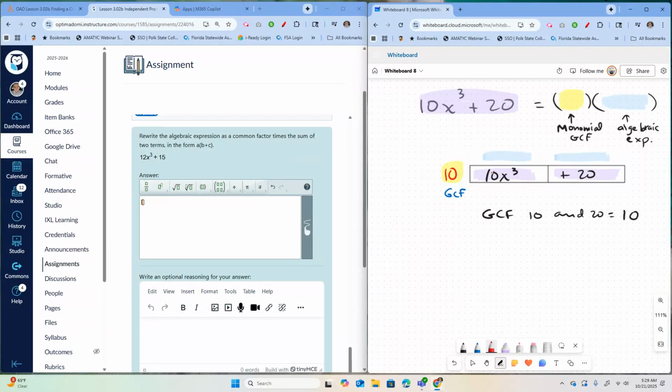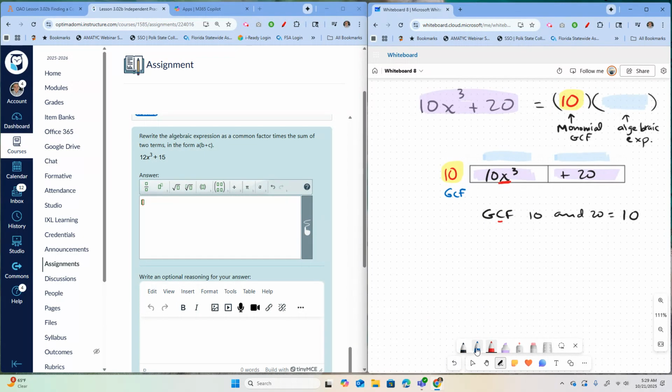Instead of expanding them like I did at the beginning of this video, I'm going to use the trick. I'm going to check if I have the letter X in common in both terms. And you can see the 20 doesn't have an X. So that means that X is not in common. That's what the letter C stands for, common. We do not have the X in common. So my GCF here is going to be only 10.